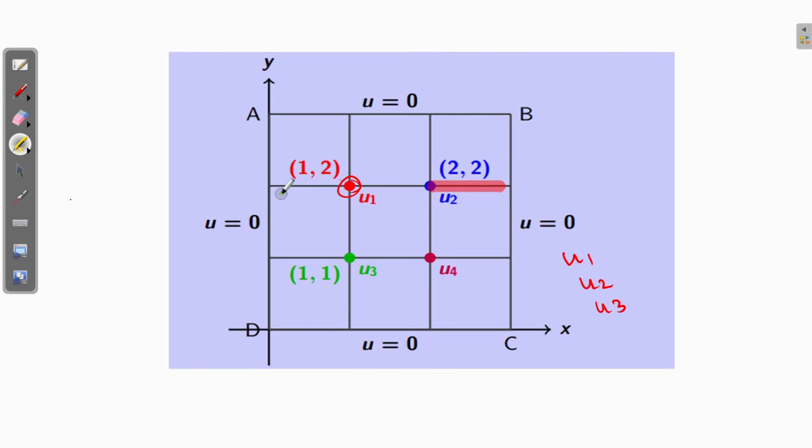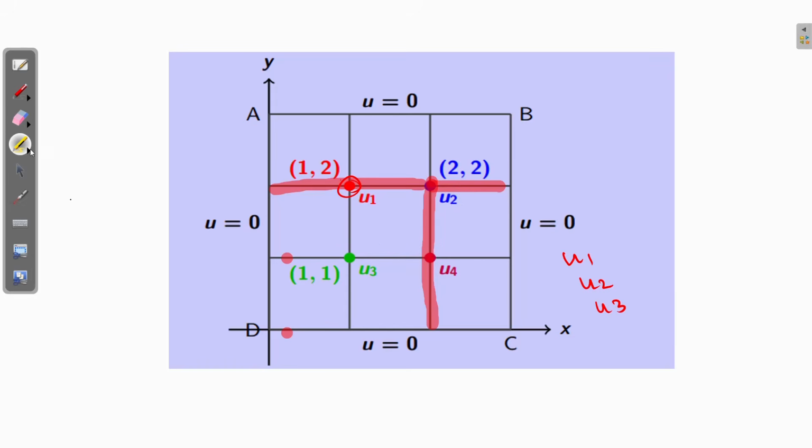This is the j position, I mean the y position. The y position is 2. This is the x position. The x position is also 2. 0, 1, 2. Here also 0, 1, 2. It will be like that. So 2, 2 will be the U2 position.